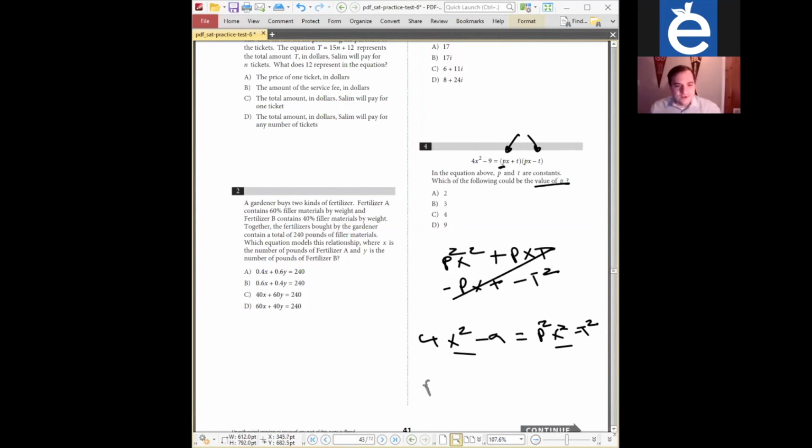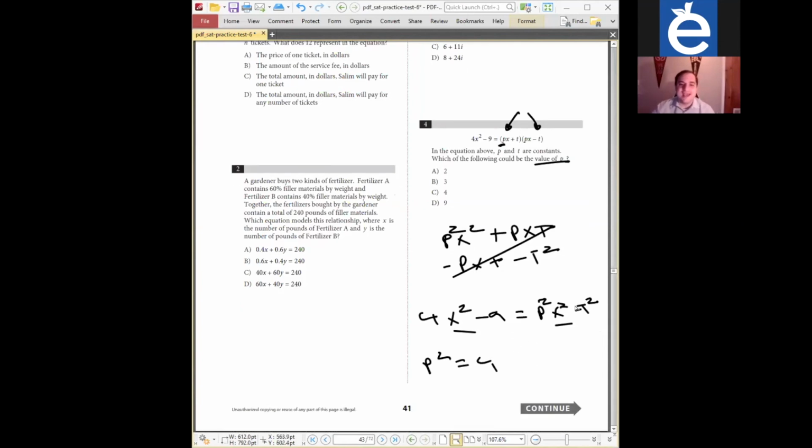So we know that p squared is equal to 4, right? Because the coefficients on both sides attached to the x squared term have to be the same. So p is equal to 2. Boom.